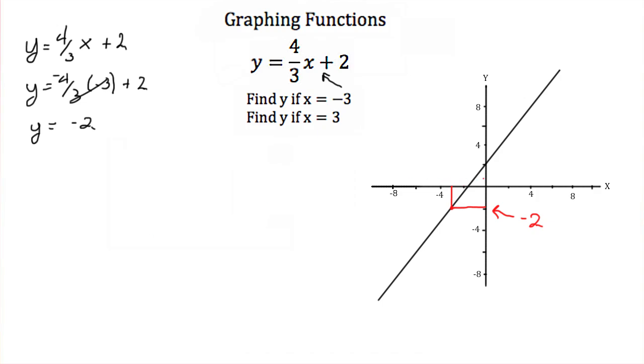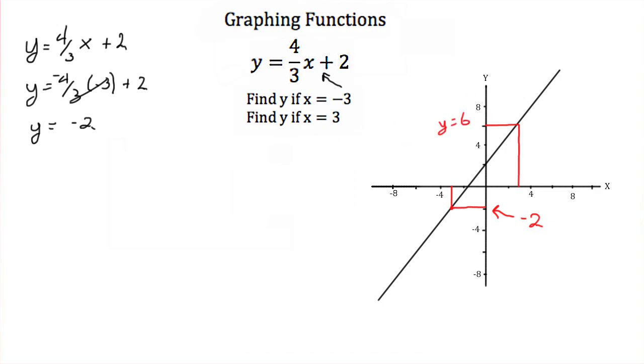If we go to 3 on our x-axis and we travel upwards till we hit our function, and then we travel back to the y-axis, we'll see that according to this graph, when x is equal to 3, our y value appears to be equal to 6.